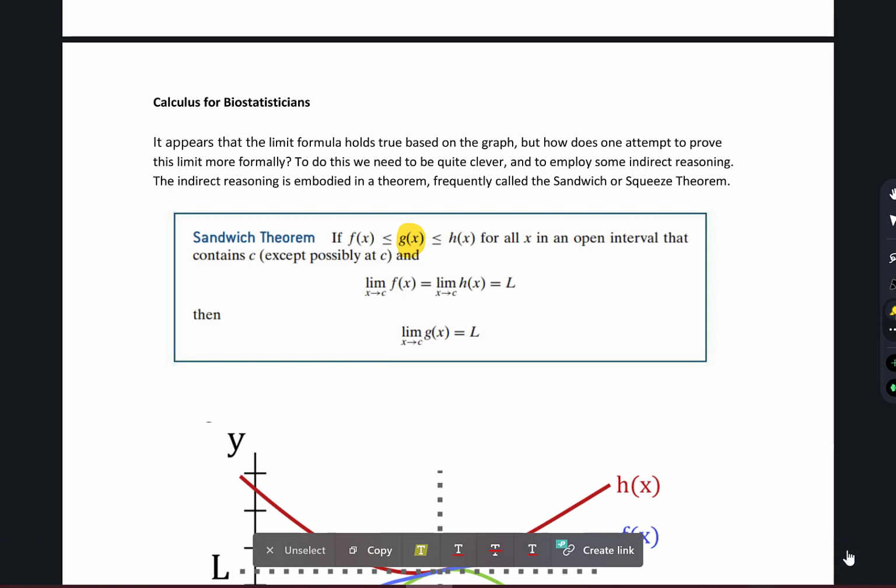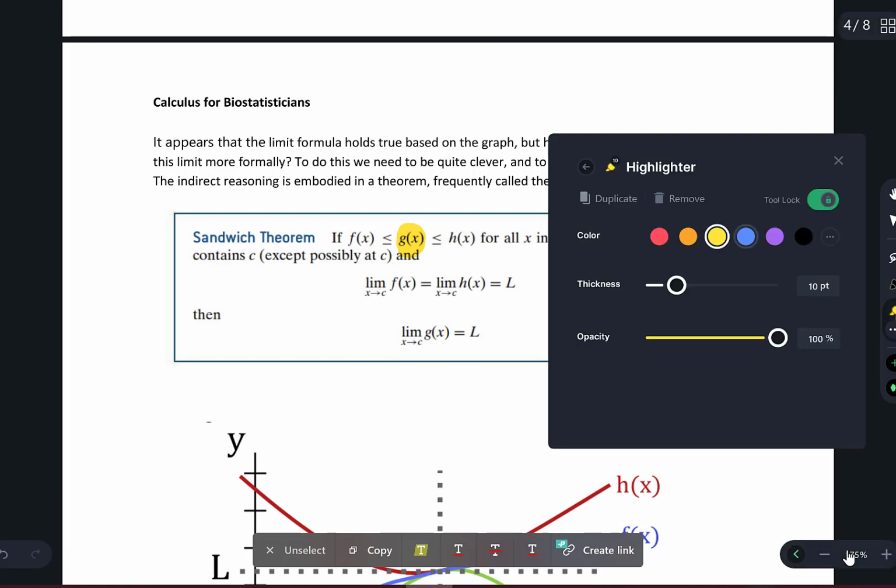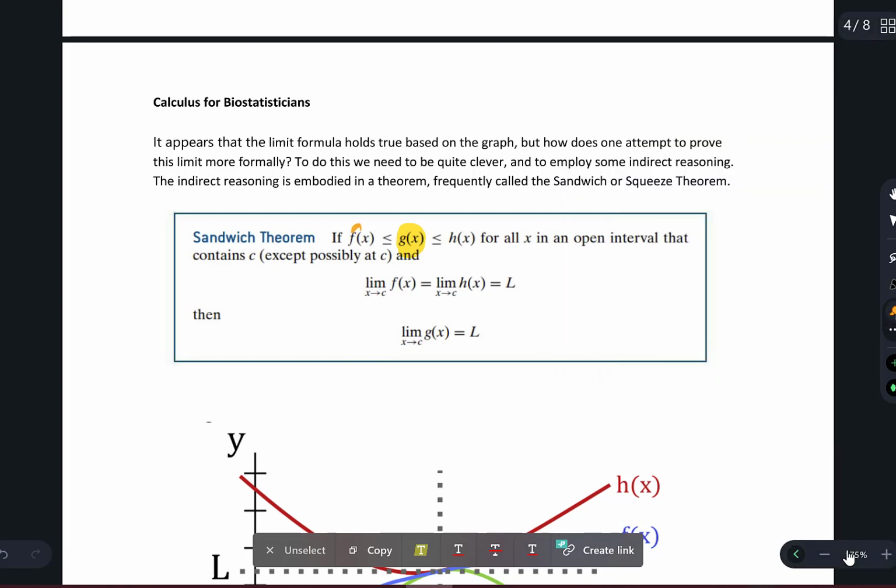What it says is if we can find two other functions, and we're going to call them f of x and h of x. Now the use of f, g, and h here, that ordering, once you define these isn't actually important. What is important is that you're able to take the function you're interested in, so here we're just going to call it g of x, and you find a function that is always below it, and a function that is always above it. And this doesn't have to occur everywhere.